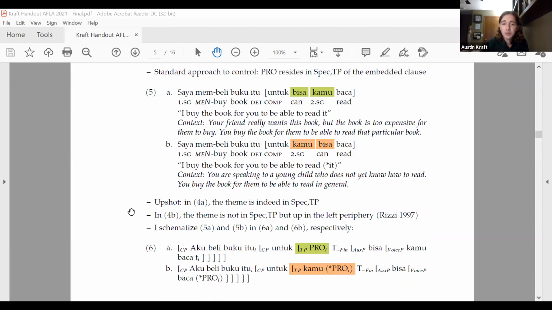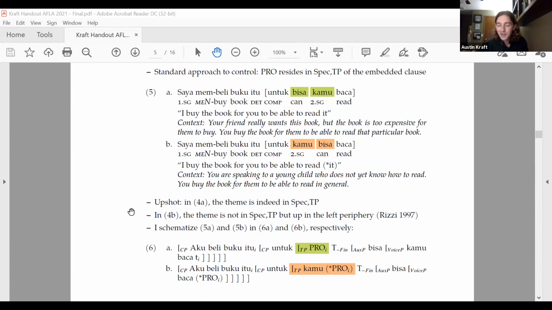An upshot from these interpretations is that the theme is indeed in spec TP in 4A to yield this control interpretation, whereas in 4B, where we do not have canonical object voice word ordering, the theme is not in spec TP, but further up in the left periphery, and we'll get into further diagnostics now.